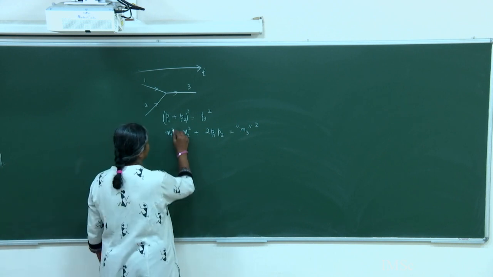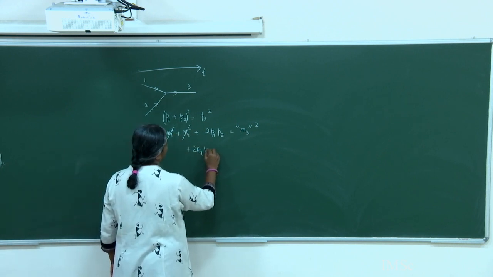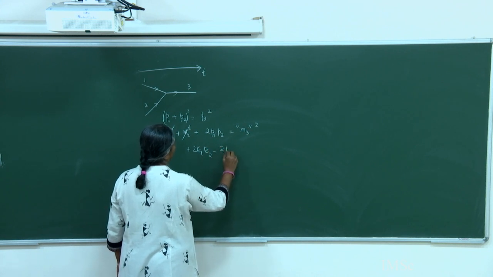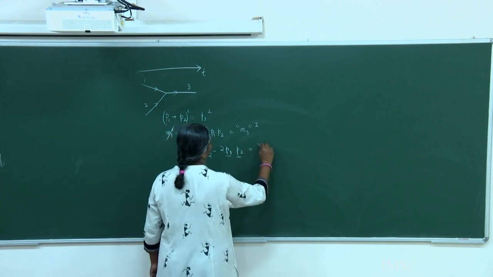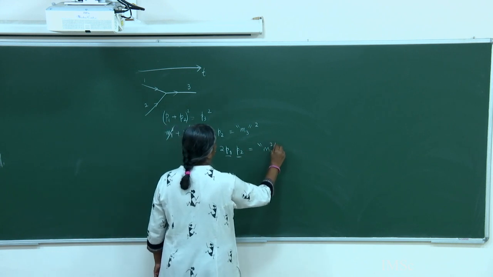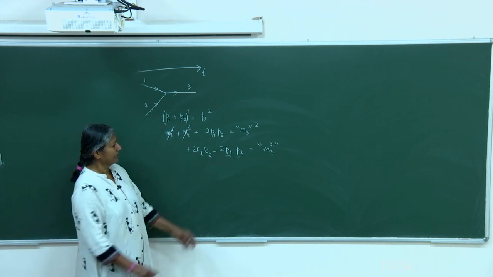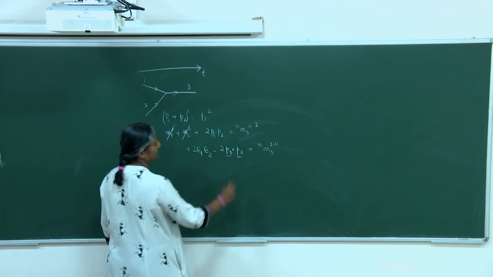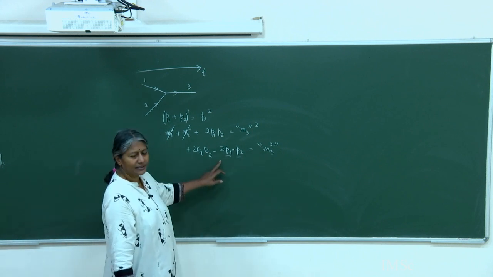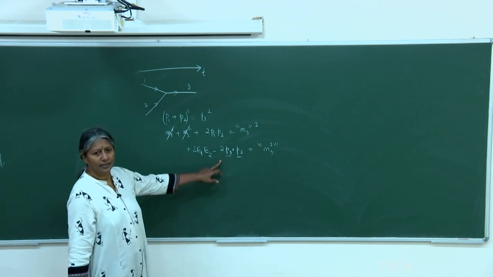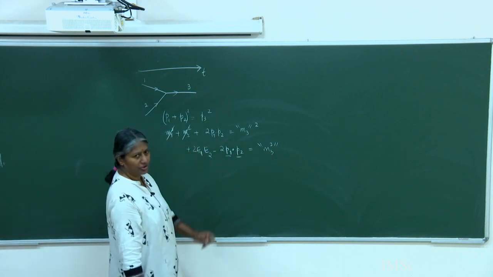So if I say that this is 0, this is 2 E1 E2 minus 2 P1 dot P2. So as the energy and momentum of these two particles changes, including the angle between them because it's a dot product, this so-called mass keeps changing, right? And therefore this is not a fixed quantity, and therefore this object is not on shell.